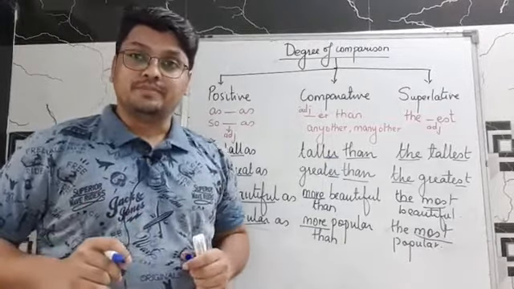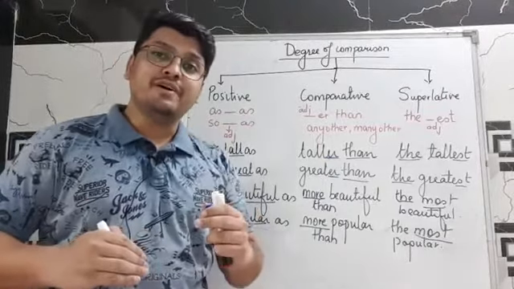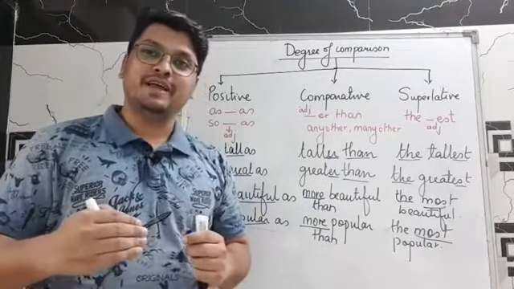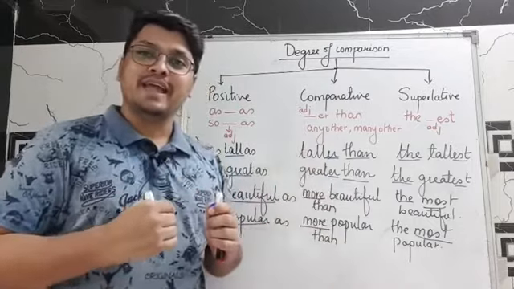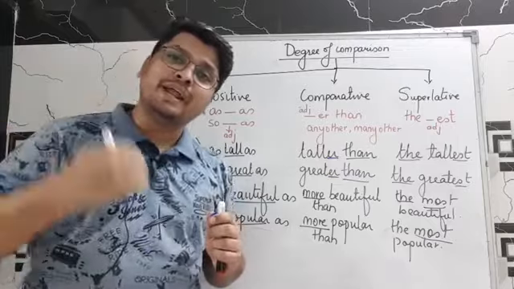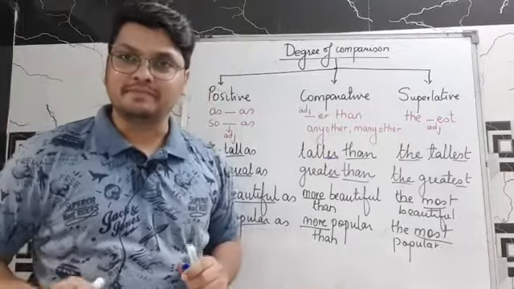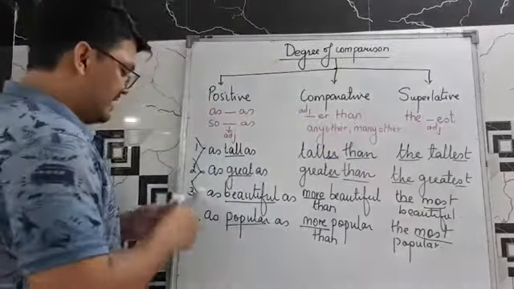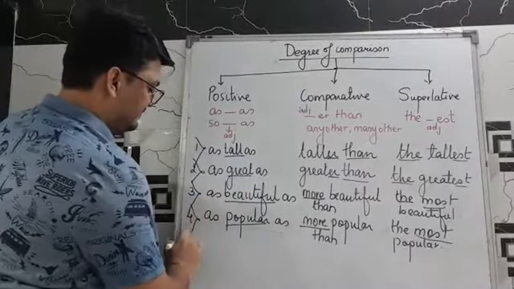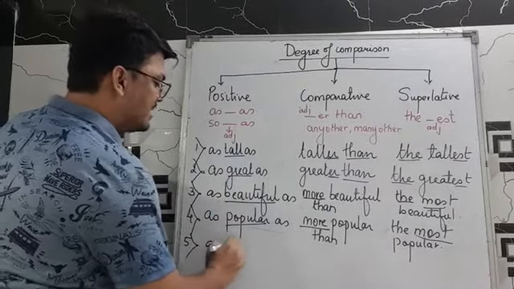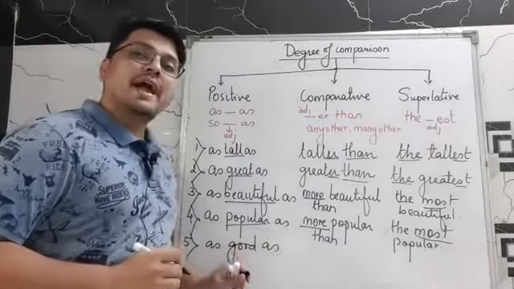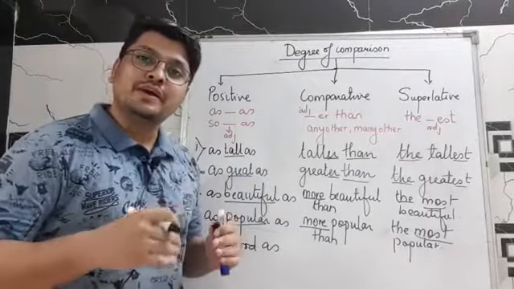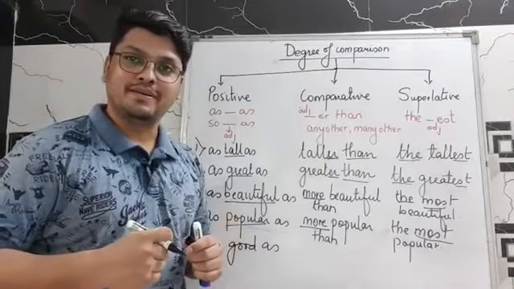Now students, we have one more kind of adjective. When we put it in degree of comparison, it changes completely in all three degrees. For example, if I use here as good as, this is called irregular.